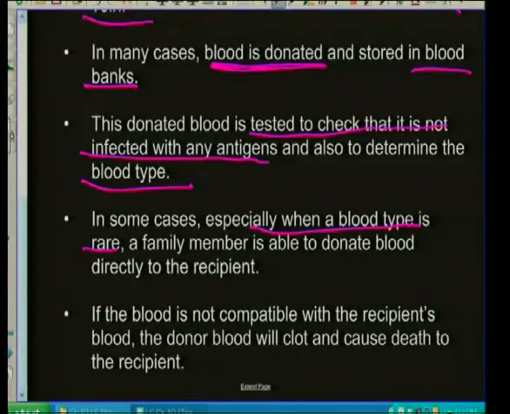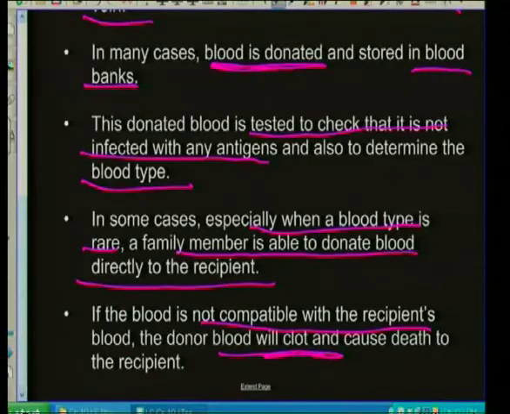In some cases, especially when a blood type is rare, a family member is able to donate blood directly to the recipient. In other words, if a member of your family has a problem, you can help your family member directly. If blood is not compatible with the recipient's blood, the donor blood will clot and can cause death to the recipient. Now, can you see how important it is for you to know your blood type?